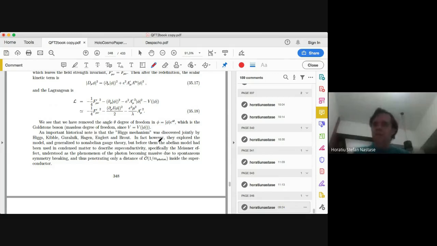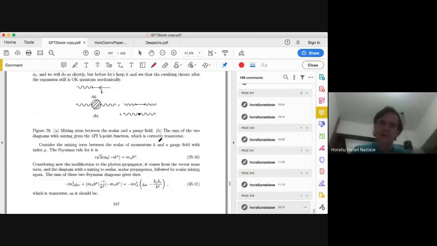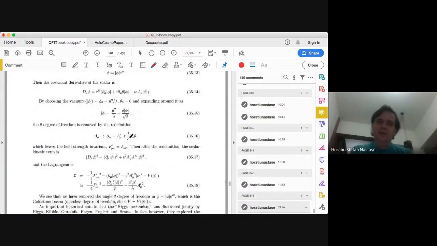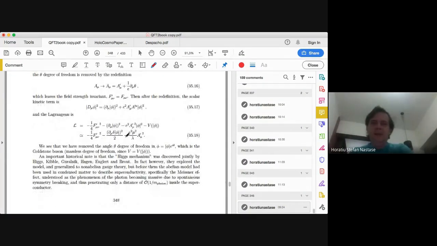When you think of, like we said here, that these are particles and there's a quantum theory for it and so on. However, this fact that there's a symmetry breaking and the vector boson eats the Goldstone boson was discovered before in the context of superconductivity.